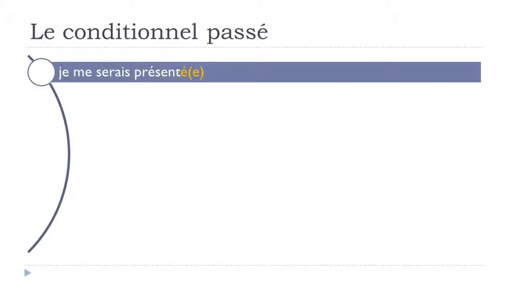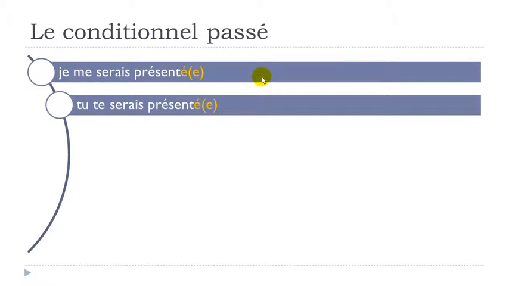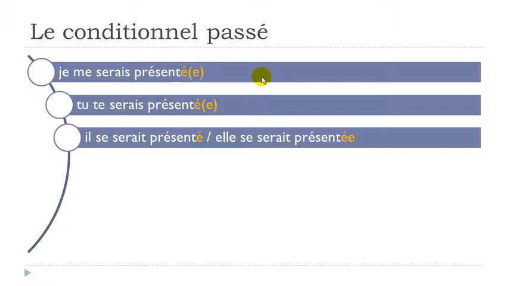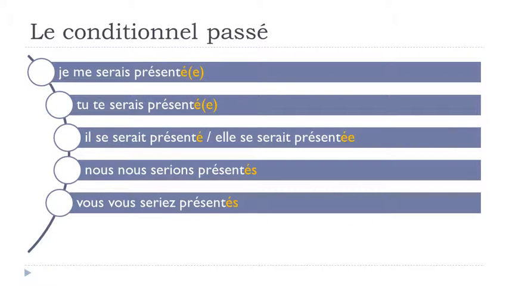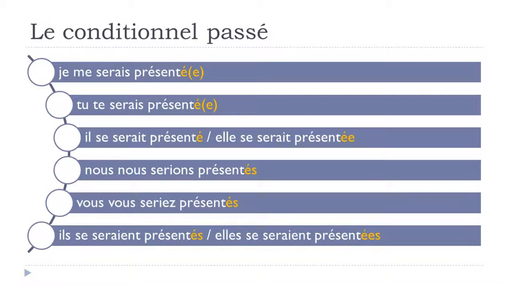And then one example with these reflexive verbs that we saw, and I just wanted to use se présenter. Okay, so je me serais présenté. Tu te serais présenté. Il se serait présenté. Elle se serait présentée. Nous nous serions présentés. Vous vous seriez présenté. Il se serait présenté. Elle se serait présentée.